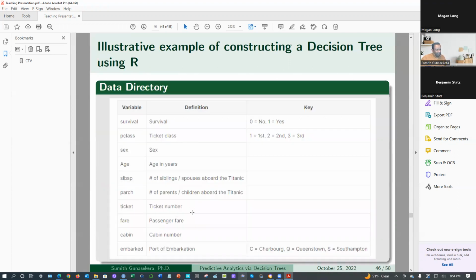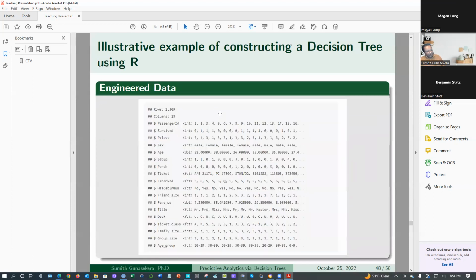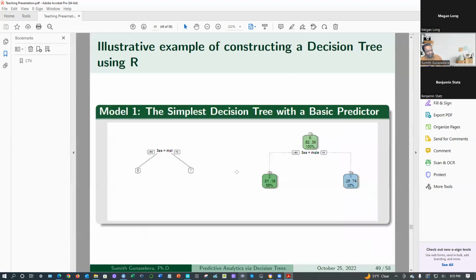Later on, see these are some information, some attributes, see survival, passenger class, gender, age, see siblings, see also parent, ticket, fare, like that. It's the kind of a thing. See? Later on, we're gonna add more variables to that one, and then this is done by the R.